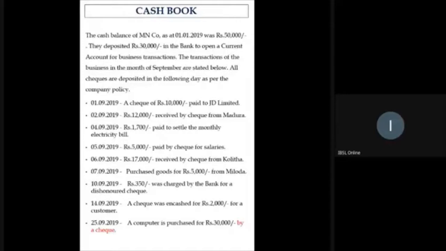The money received will be recorded in the cash column. Once, say on that day, you are depositing 5 or 6 checks, you collect all, and when you send it to the bank, you will credit your cash column and debit your bank column. This is the practice.